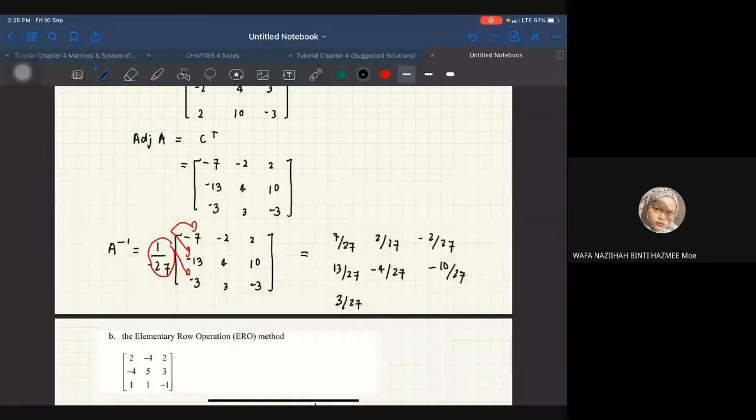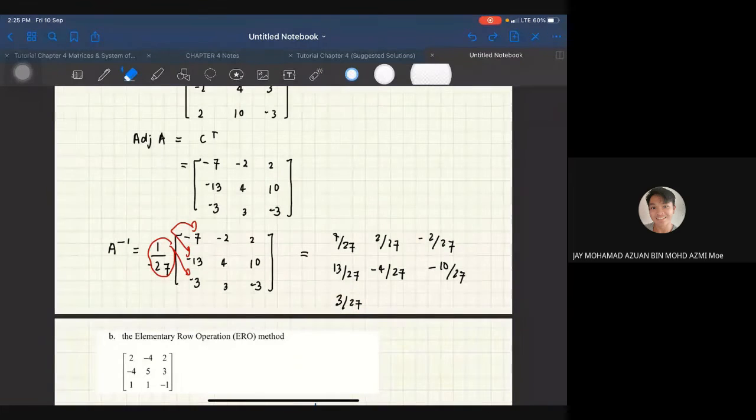Can we simplify this one? Boleh. So awak akan dapat apa? 1 over 9. Good. Okay, so another 3 over 27 is negative 1 over 9. Okay, and then yang akhir ni pun sama juga. So awak akan dapat 1 over 9. Okay, so this is your final answer for A inverse.